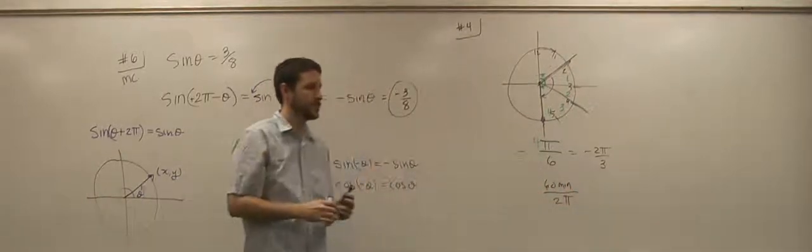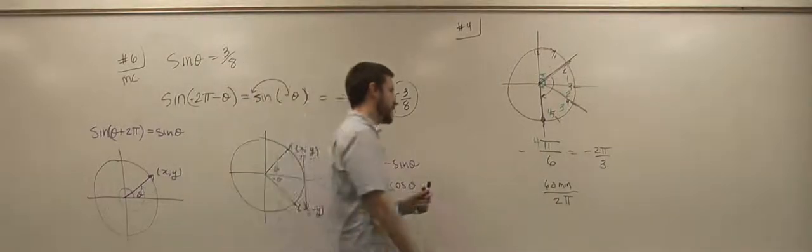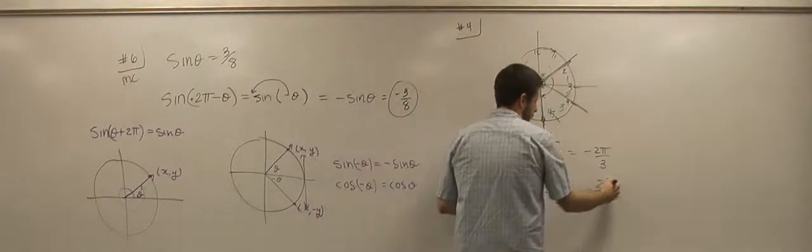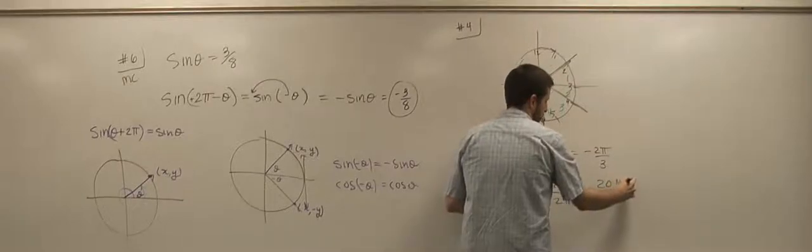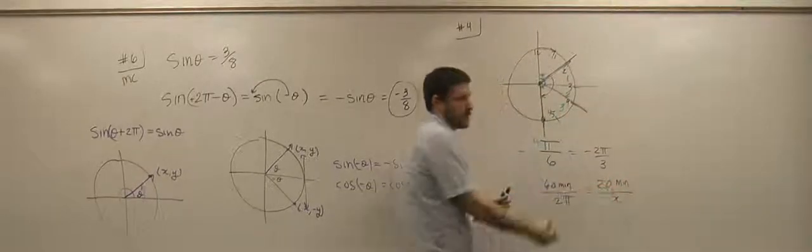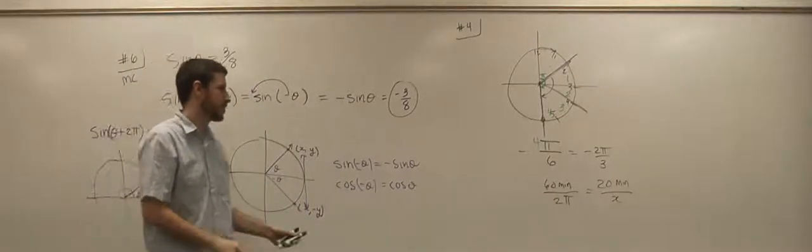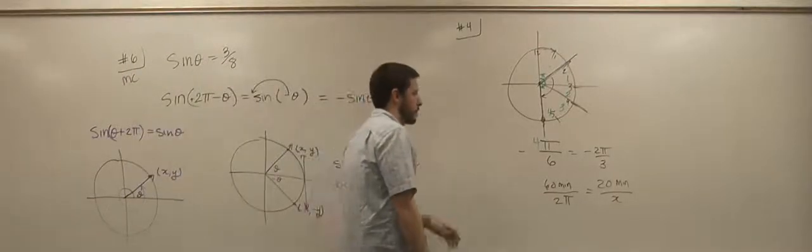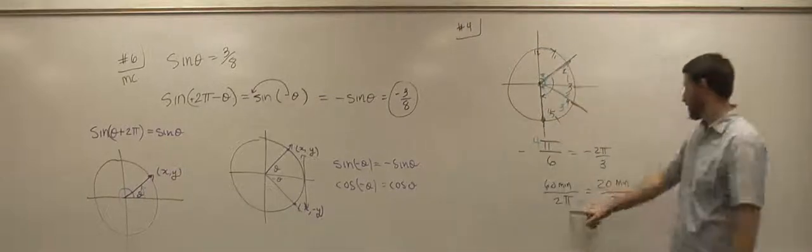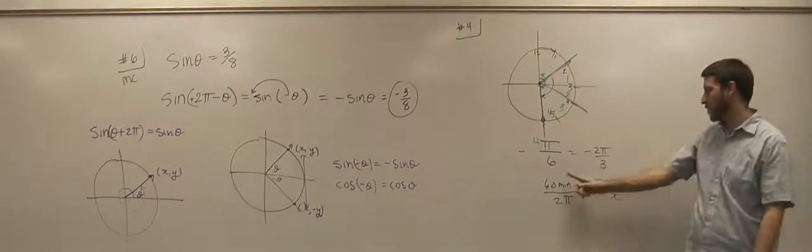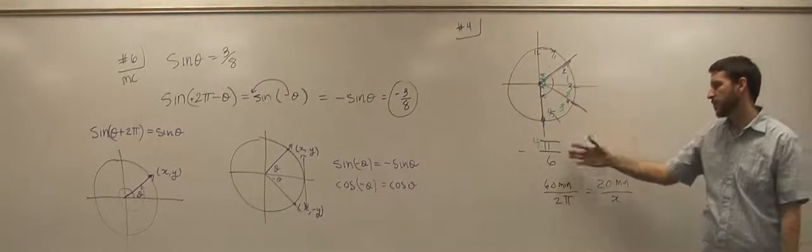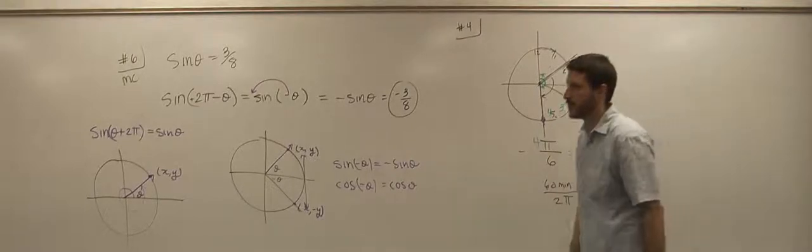Because that's 1 full revolution. And so then you can set that equal to 20 minutes over x radians, and solve for x. That's another way to do it. When you multiply this up, it'll be 40 pi, and when you bring this down, it'll be 60. So 40 pi over 60 will be 2 pi over 3 again.